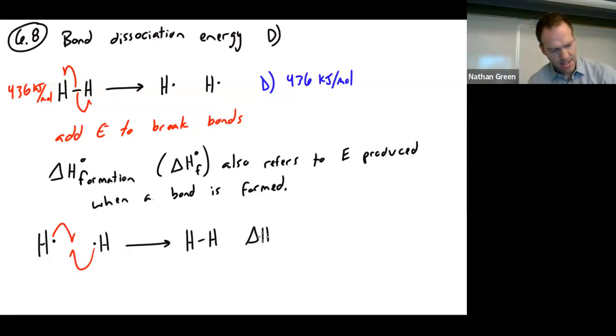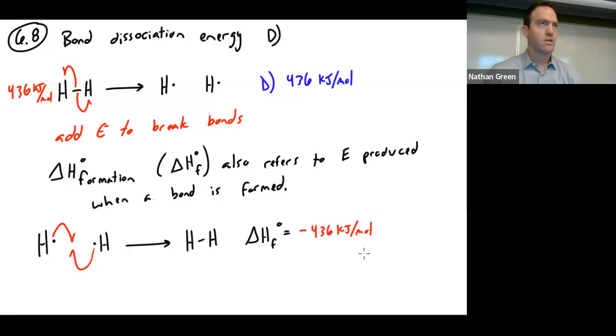Here I would show the delta H of formation is negative 436 kilojoules per mole. Well, I just set up here the bond dissociation energy was positive 436 kilojoules per mole.